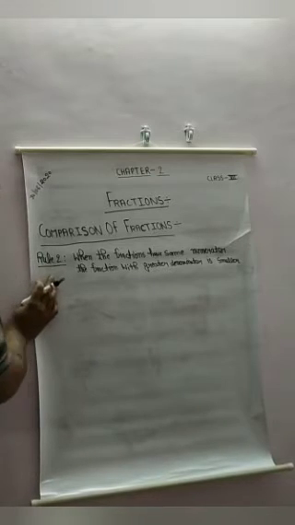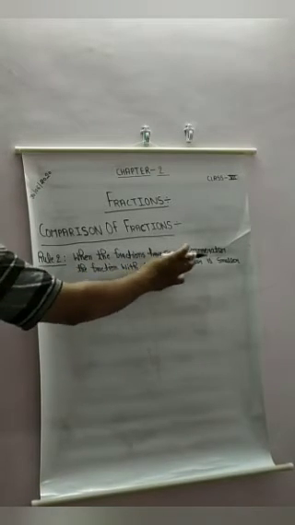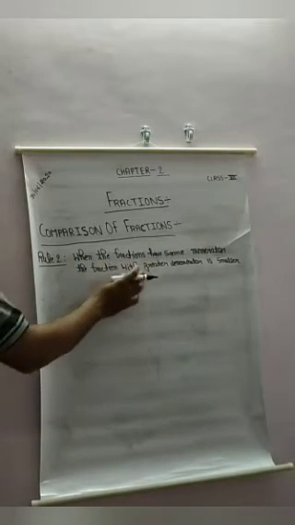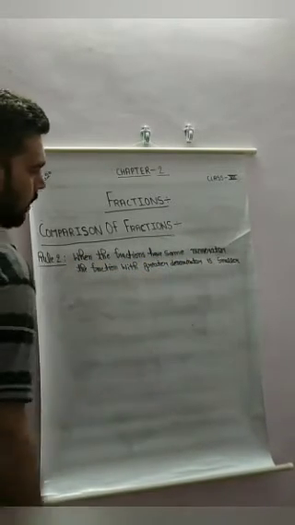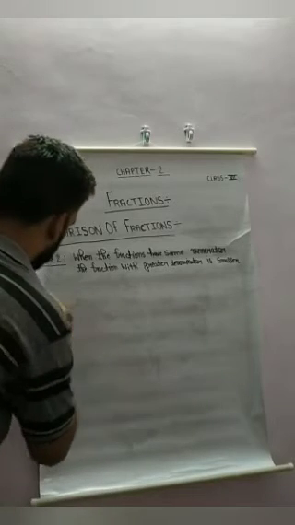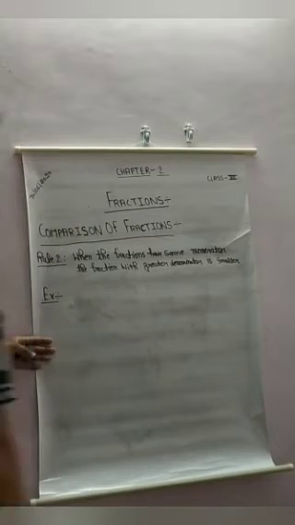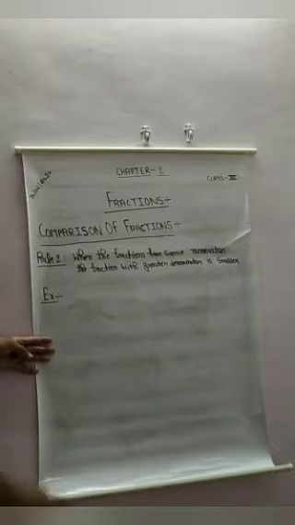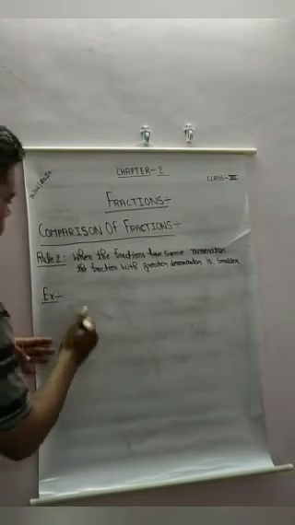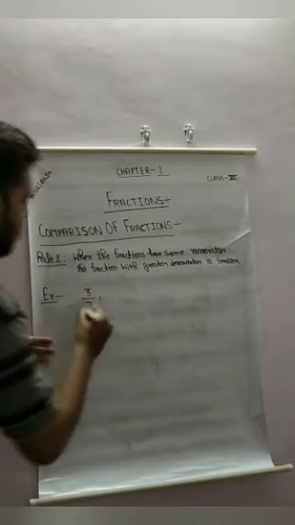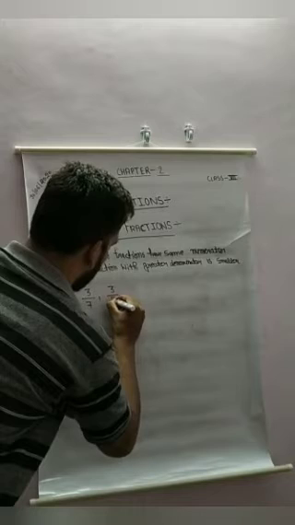Rule number 2. When the fractions have the same numerator, the fraction with greater denominator is smaller. For example, suppose we have fractions 3 upon 7, 3 upon 5.